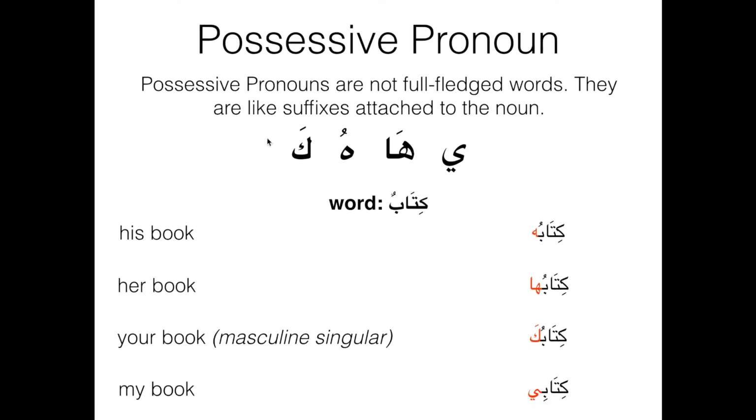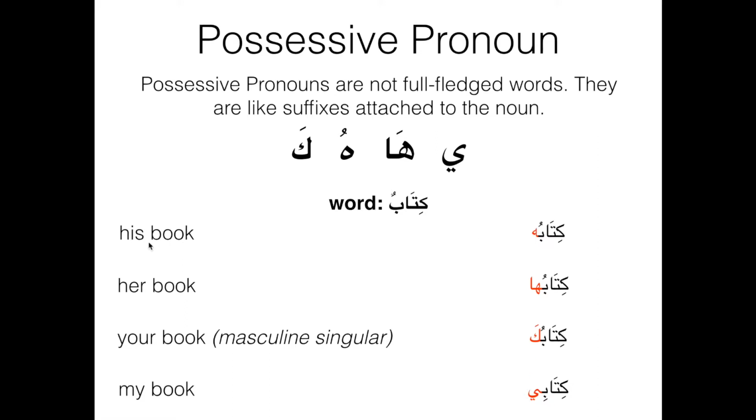So possessive pronouns are basically, as we can see over here, as if they're suffixes attached to the word. We're attaching it to a noun, like ya, ha with alif, ha, and kaf. So we see over here, kitabuhu, kitabuha, kitabuka, kitabi.